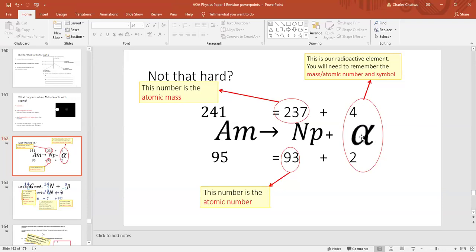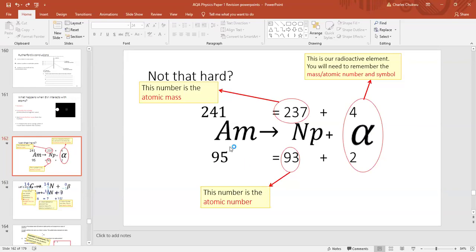Just understand that the element alpha is representing is a capital H, small letter e, helium. What I needed to see is that these numbers always add up. The mass number for the one that decayed in this case is 241. The atomic number, excuse me.